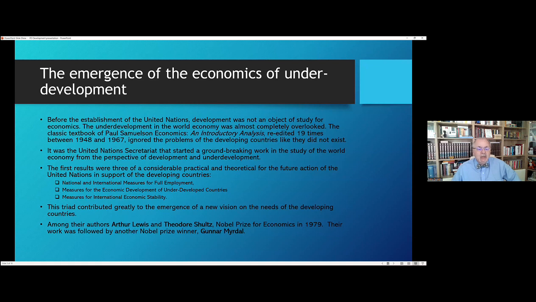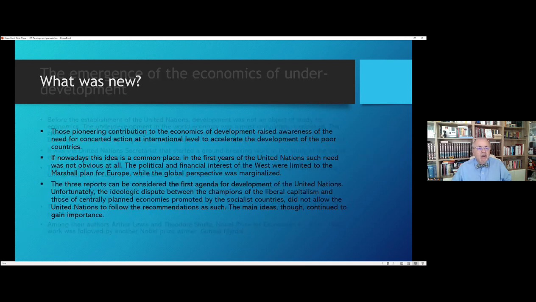There were these three studies which are precisely about the new problems of the underdeveloped countries. And what is remarkable is to know that two Nobel Prize winners participated in that research, Arthur Lewis and Theodore Schultz, who received later on the Nobel Prize for Economics.